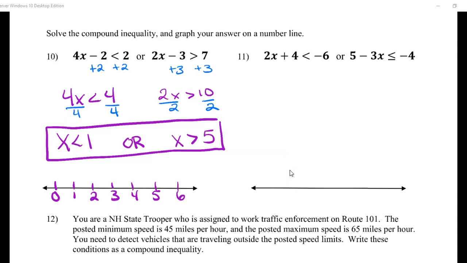Plenty of room to get from 0 to 6. And then on the number line, we graph them separately because it's an "or" inequality. x is either less than 1 or x is greater than 5.